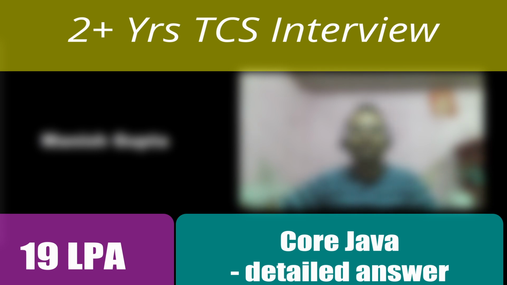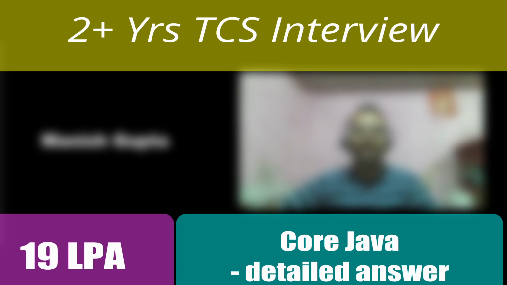In case of static fields, suppose we have a class ABC, and we put static int count = 0. So the count field is declared as static, and it will be shared among all instances of the ABC class, and its value will be incremented each time a new instance of the ABC class is created.